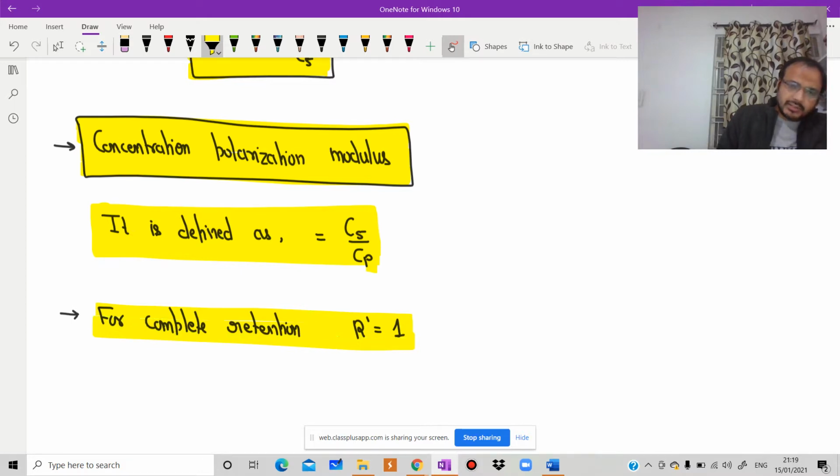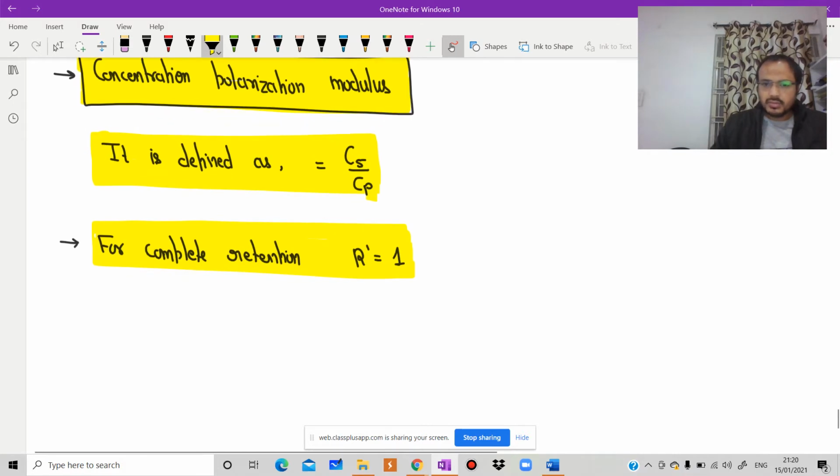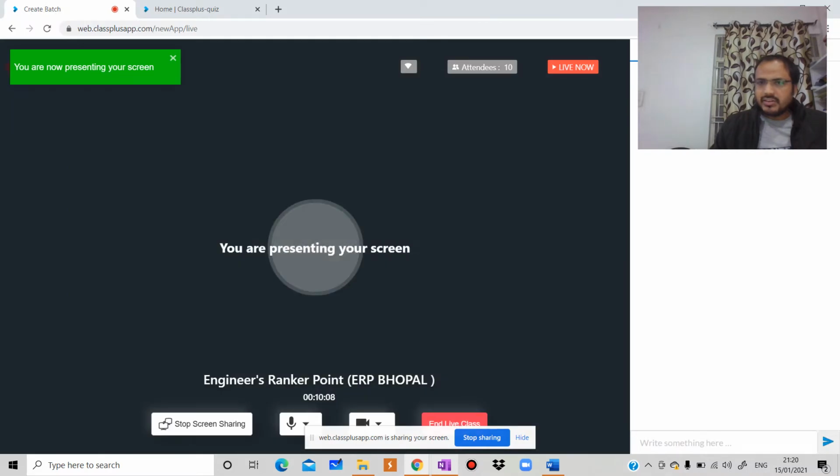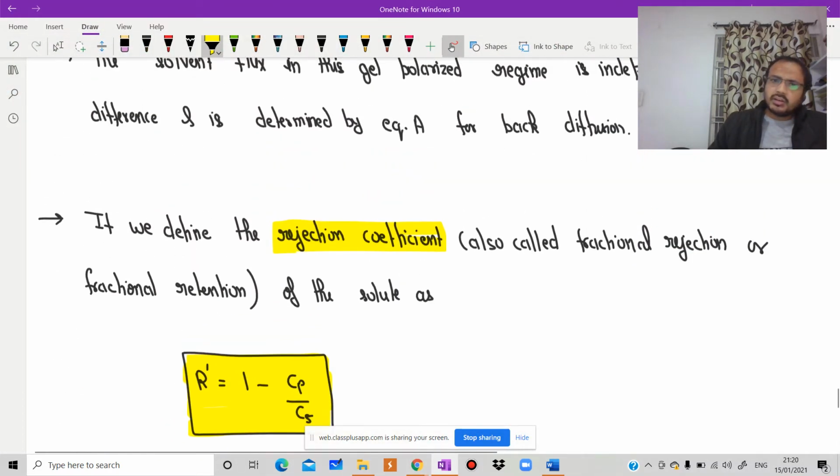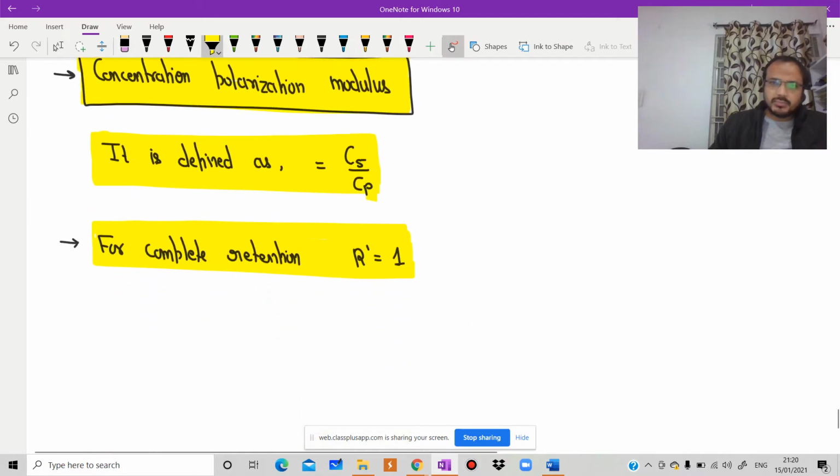If they ask any mass question of such type, that's why my first priority is to cover each and every part of your syllabus. Is it clear? I hope there is no doubt to anyone. These are very basic terms: rejection coefficient, concentration polarization modulus, and for complete retention, this one.